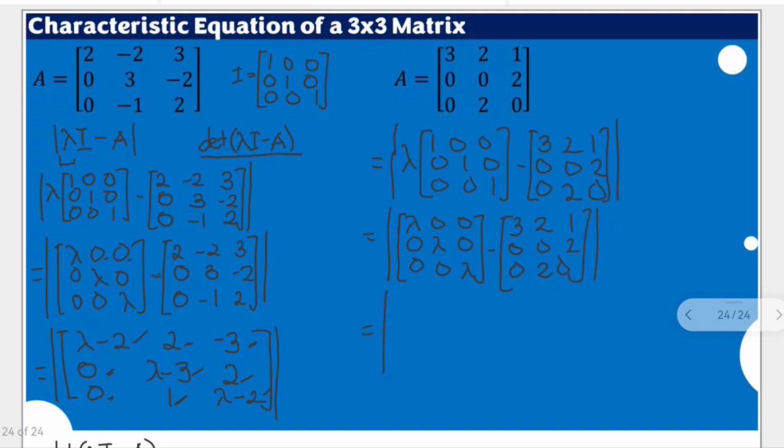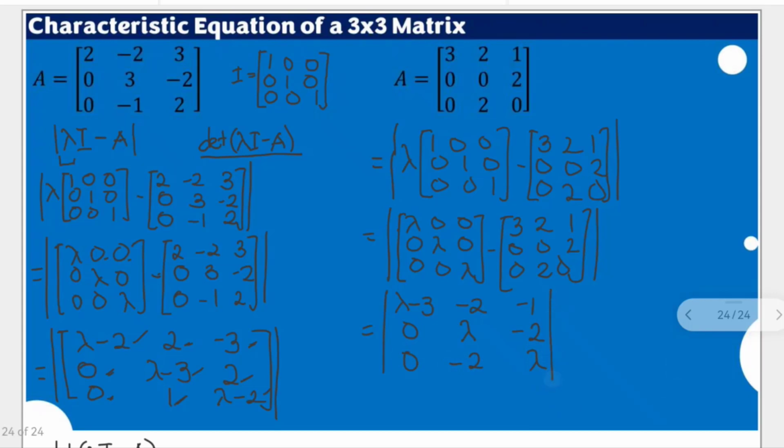You will have these terms. You have lambda minus 3. 0 minus 2 is negative 2. 0 minus 1 is negative 1. 0 minus 0 is 0. You have lambda here as this lambda minus 0. And you have negative 2. And you also have here 0, negative 2, and you still have another lambda.